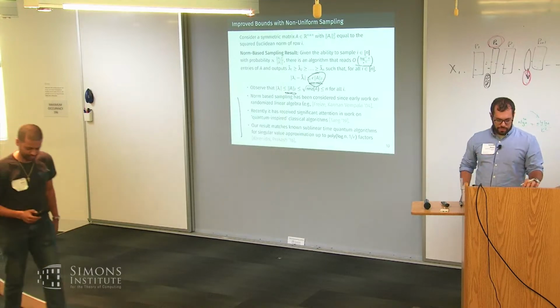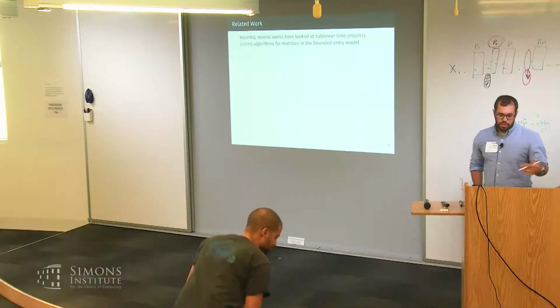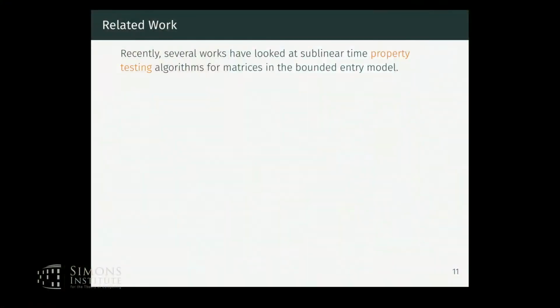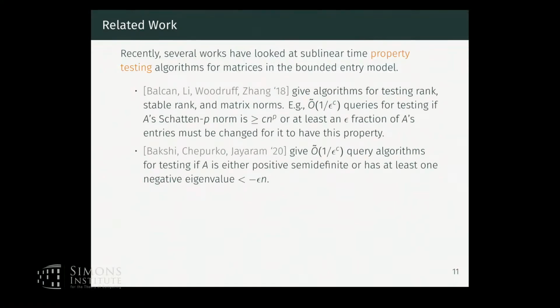Okay, cool. Let me mention some related work before I briefly sketch the proof techniques. There have been several works that study sublinear time property testing algorithms for matrices in this bounded entry model, where you're assuming the L infinity norm is bounded. Balkan, Lee, Woodruff, and Zhang gave algorithms for testing rank, stable rank, and matrix norms.